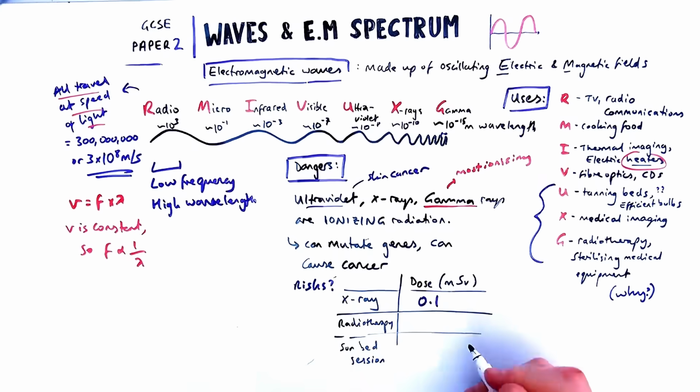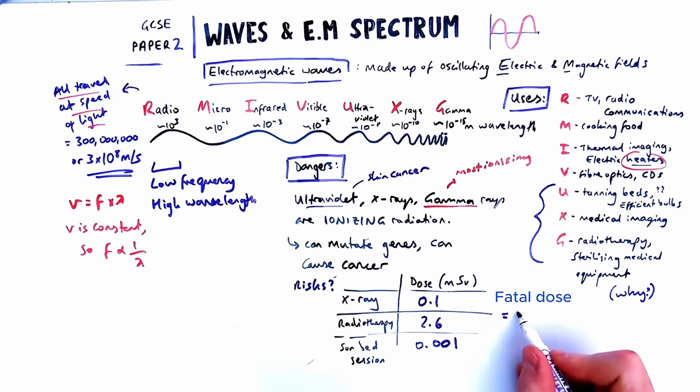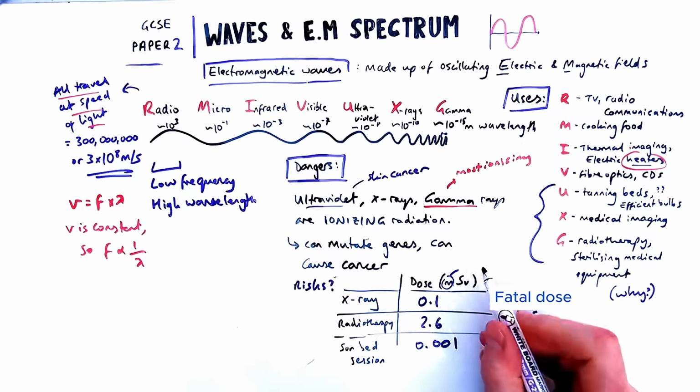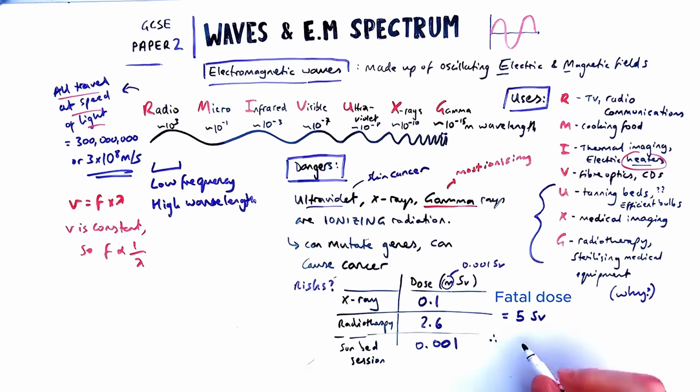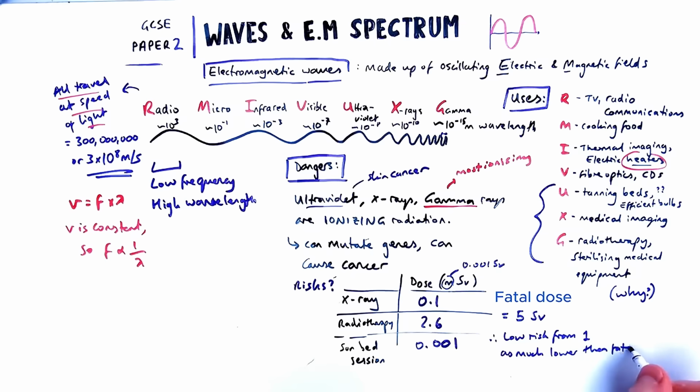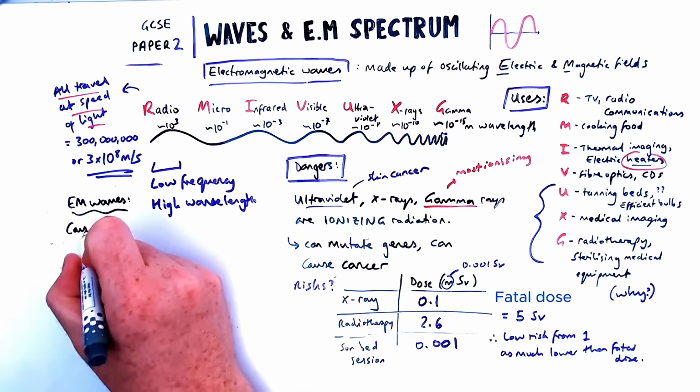So sieverts is the unit for dose, so you don't need to memorise it, but be familiar with it, and milli means 1,000th. So if I was to compare all these to the fatal dose, the dose needed to kill you, which is 5 sieverts, you can see that all of them, to different degrees, are far lower than the fatal dose. So we'd say that actually they're something to be aware of, but not dangerous, as they have a fairly low risk. But it is the reason why you can't have unlimited X-rays in 1 year, for example.